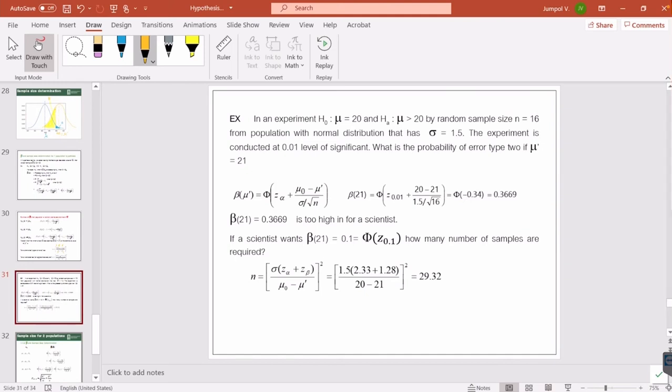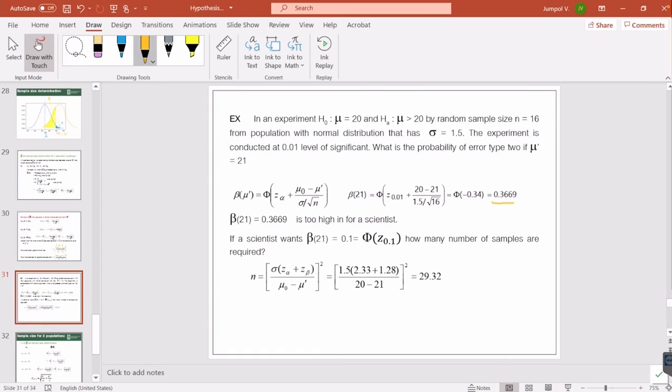The experiment is conducted at the 0.01 level of significance. What is the probability of type 2 error if mu prime is 21? This is a one-tailed test, so we use this formula and just plug in the numbers. We get beta equal to 0.3669, which is quite a lot. It's about 37%.